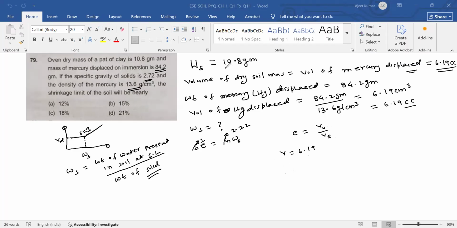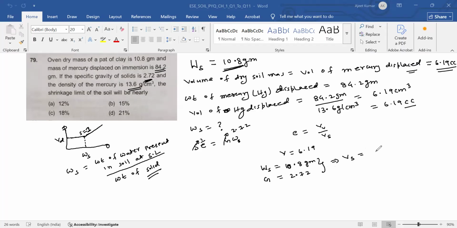So we have weight. The weight of solid is 10.8 gram, and the specific gravity of solid, Gs, is equal to 2.72. From these two data, we can calculate the volume of solid.